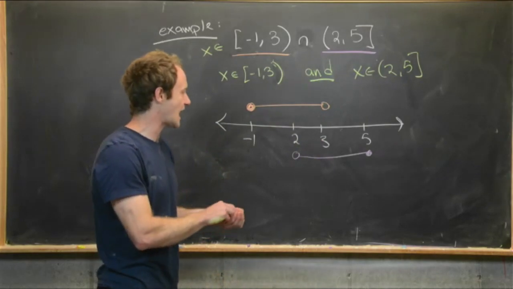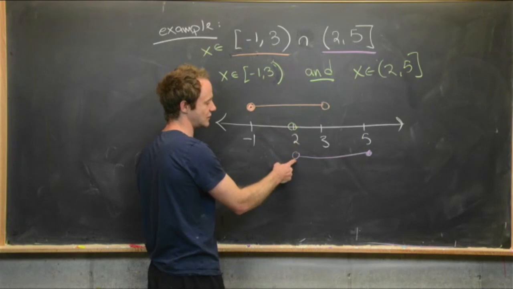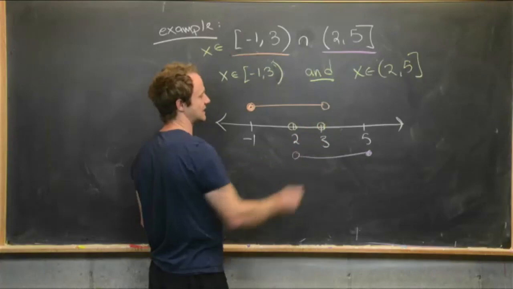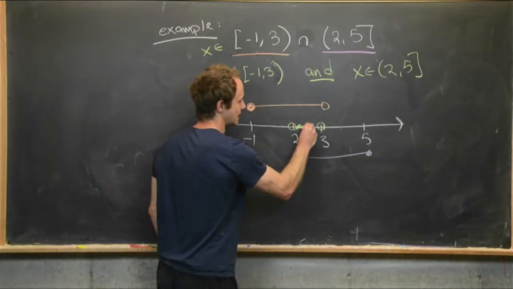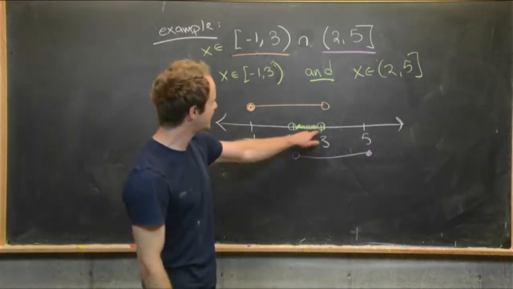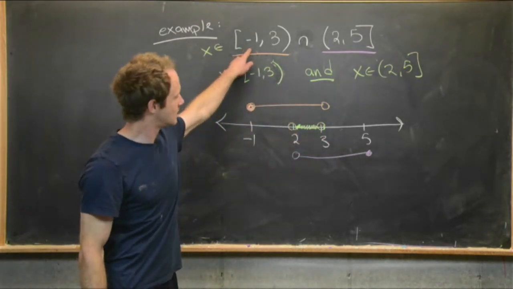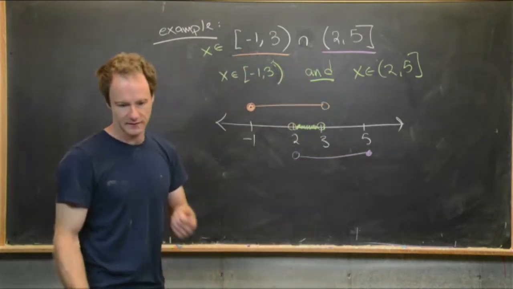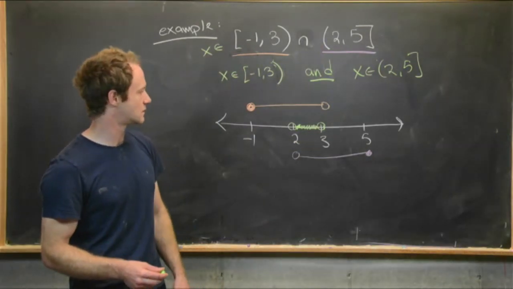So we cannot include 2 because we've got an open circle here. We cannot include 3 because we have an open circle there. But anything between 2 and 3 is okay. Because if you're between 2 and 3, then you're definitely between -1 and 3, and you're definitely between 2 and 5, which means you are definitely in both.